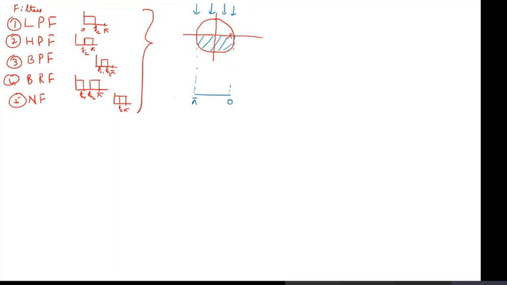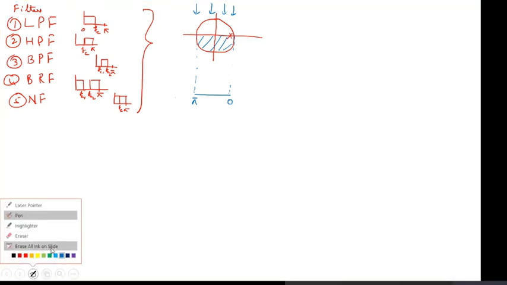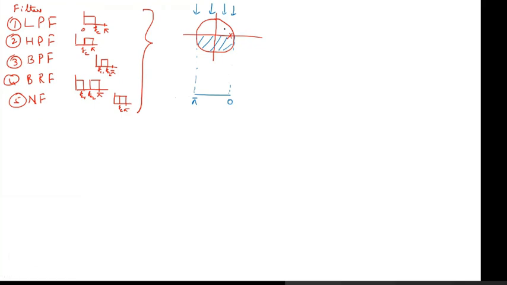For qualitative analysis, what you see is that at frequency 0 you will have the maximum response, right? Because at that point you have the lowest distance.